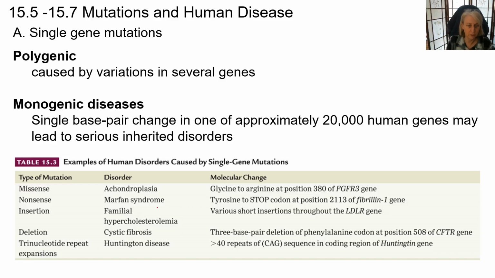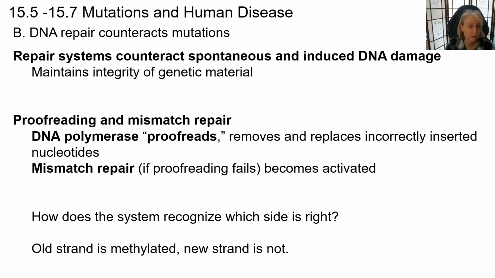This is familial high cholesterol, cystic fibrosis, Huntington disease. These are all caused by a single change, one single point mutation that has caused a cascade of problems that lead to a protein malfunction. These can be heritable, and this is what we did with our Punnett squares. We traced them through family lines.